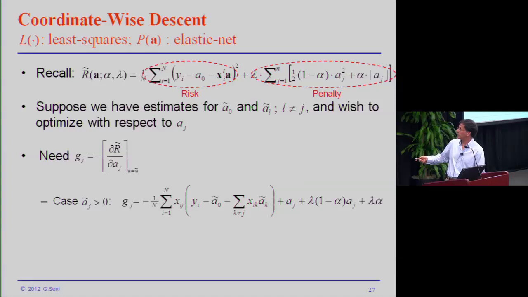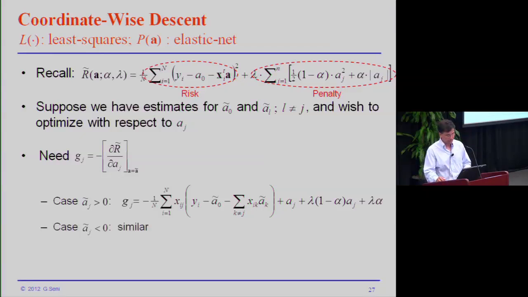And so the A sub j came out of this sum. Then on this side, it's simpler. This is just A sub j times lambda times 1 minus alpha. And then we are assuming that we are on the positive side, so the derivative of this is just 1. So we get lambda times alpha. That would be the expression for the gradient.